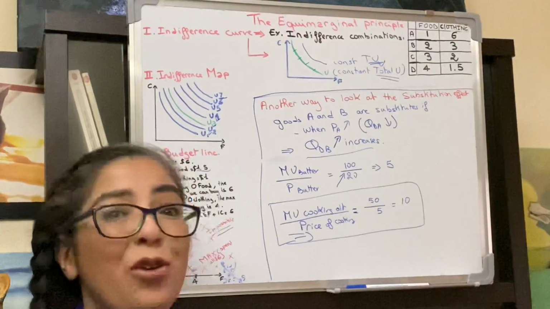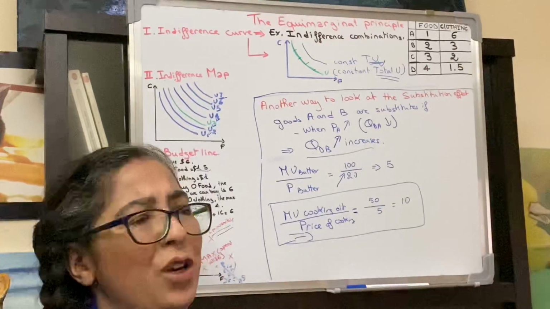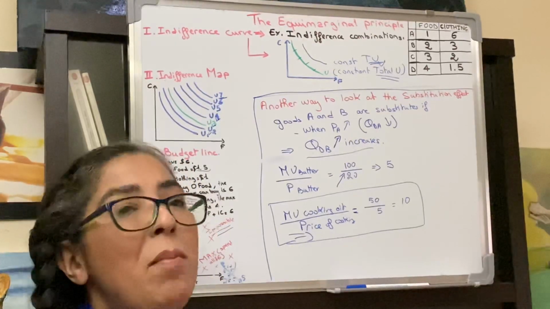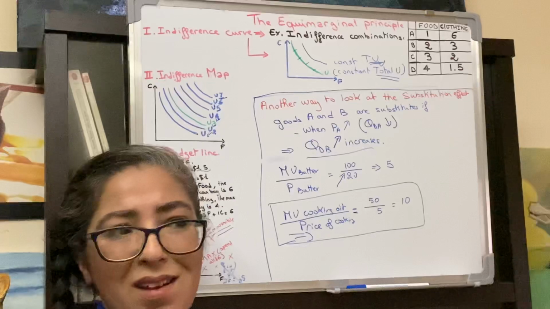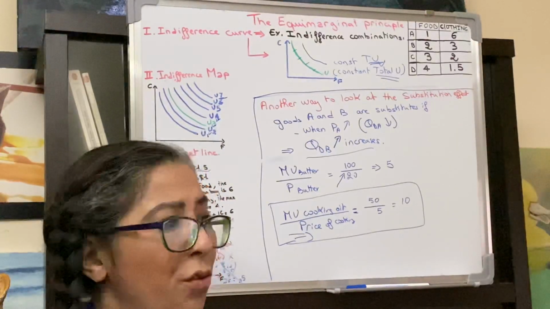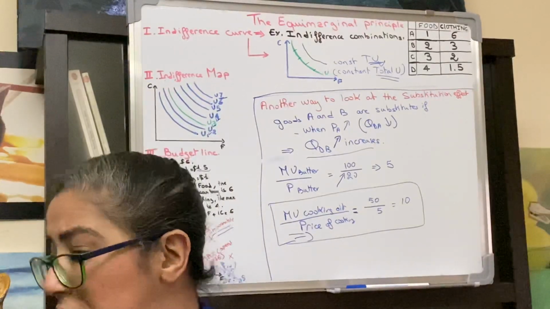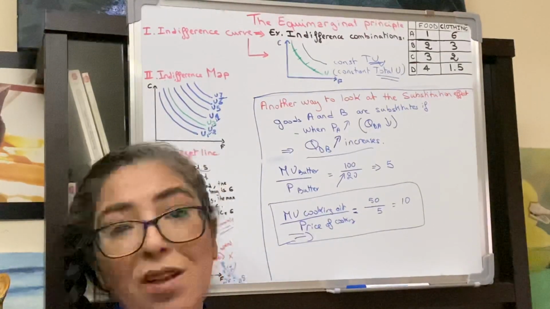And now you're looking at it not from the real substitution like butter and oil, but for all goods. You can take the marginal utility of books over the price of books and compare it to the marginal utility of chocolate over the price of chocolate.